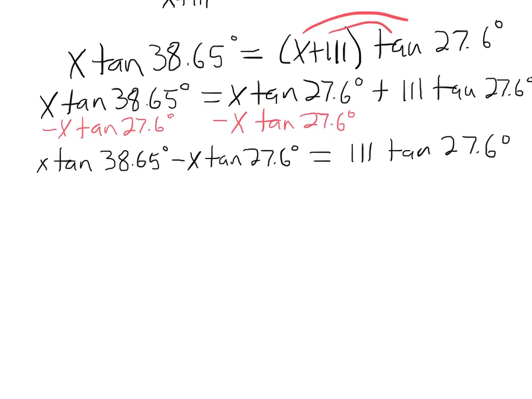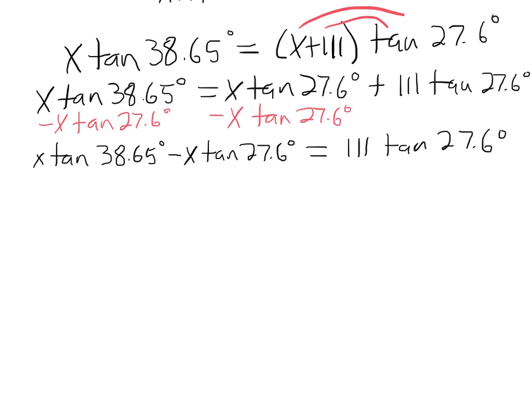More room needed. Solving for x. There are x's now on the left side. However, because these tangents are not the same, these are not like terms. So instead of just subtracting them, we have to factor out the x.